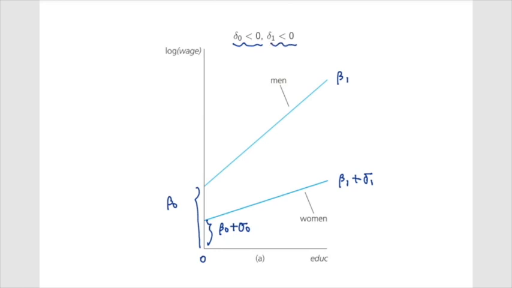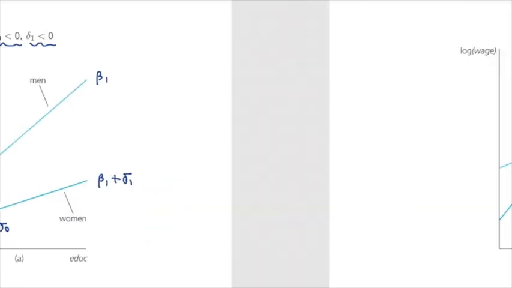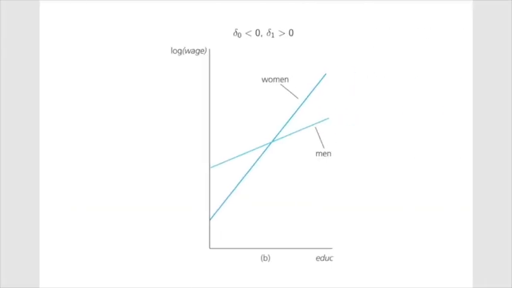If delta 1 is also negative, it means the gender wage gap will expand for higher education. However, if delta 1 is positive, then the slope for women's education is higher than men's. One additional year of education will increase women's wage more than men's wage.